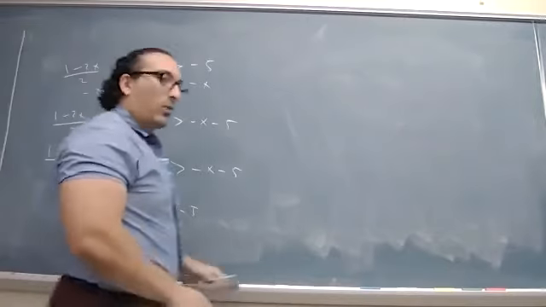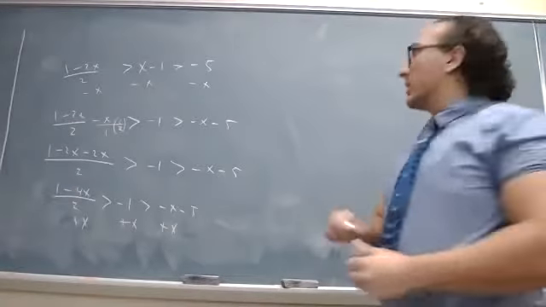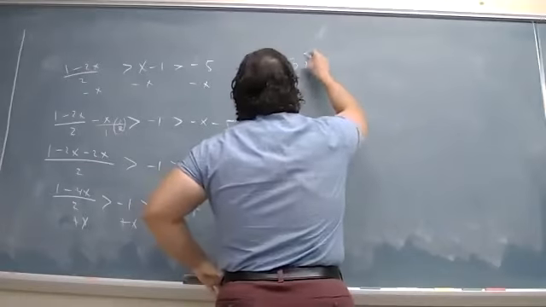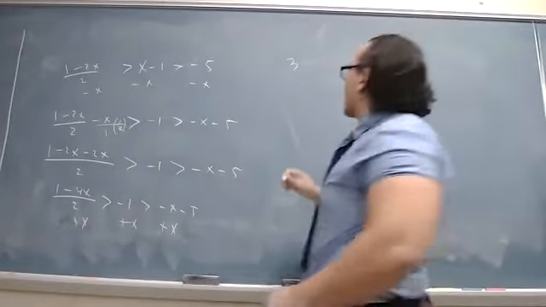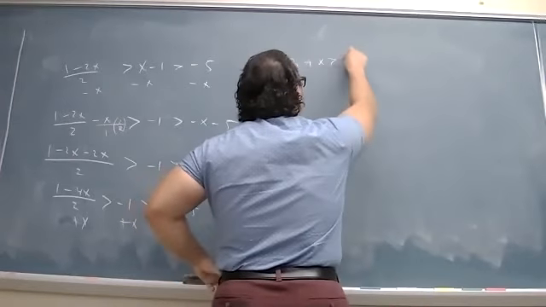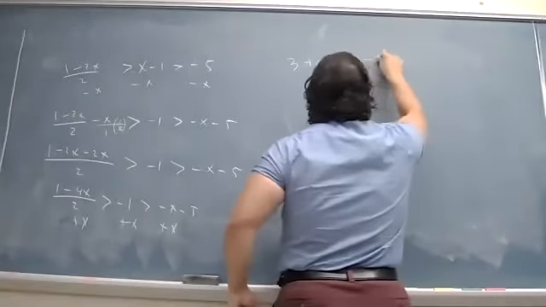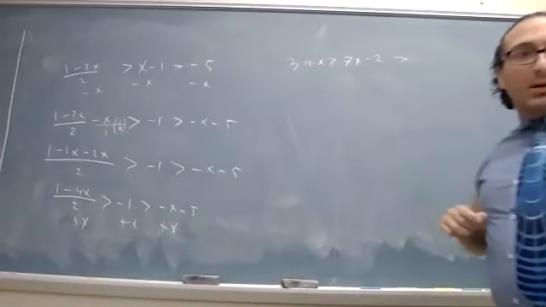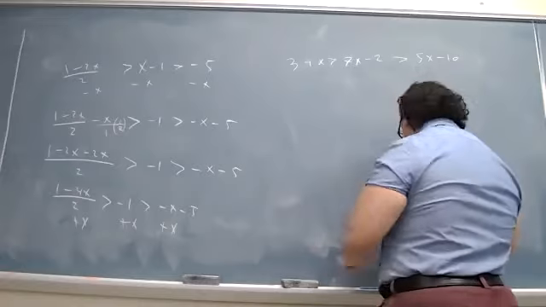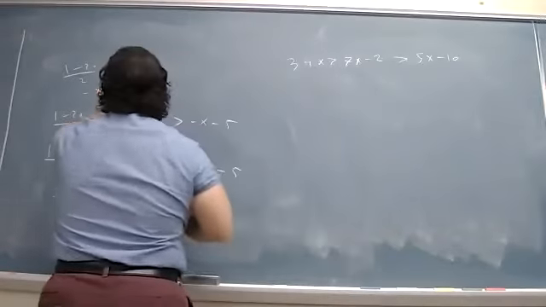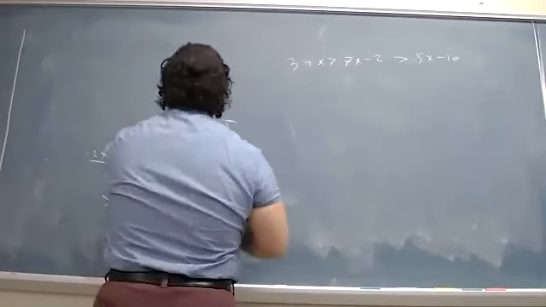But what we can do is rewrite the original inequality: 3 plus x greater than 7x minus 2 greater than 5x minus 10. What we can do is say, okay, doing it all at once is not working out.